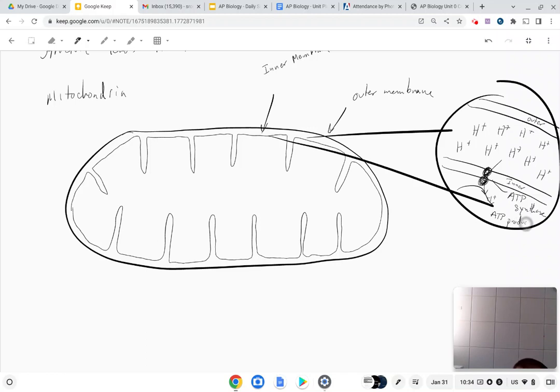In other words, the flow of the protons from a high concentration to a low concentration provides the energy to phosphorylate the ADP and basically take the phosphate, add it to the ADP, and then you produce the ATP.